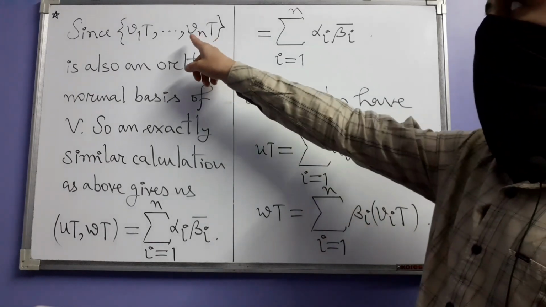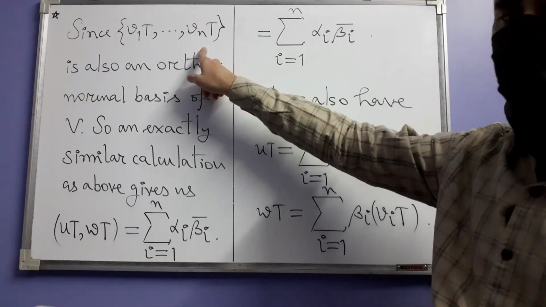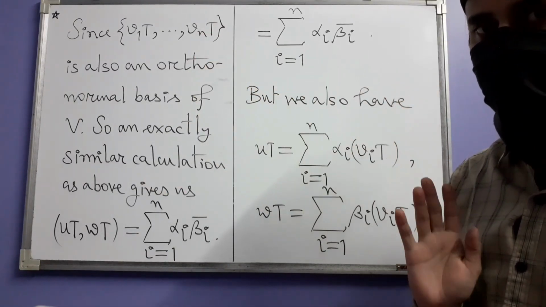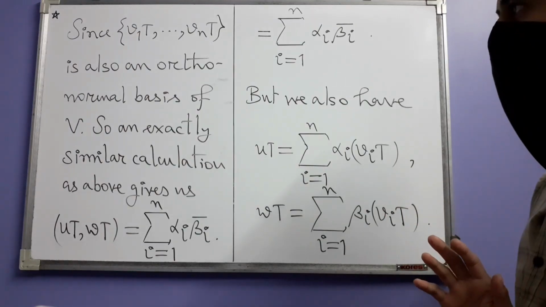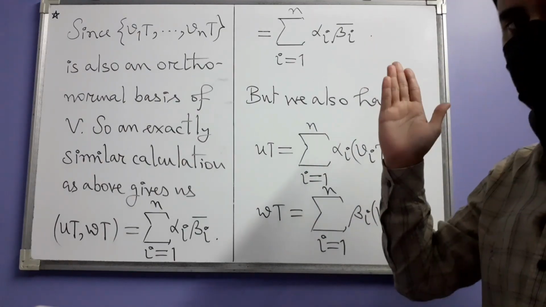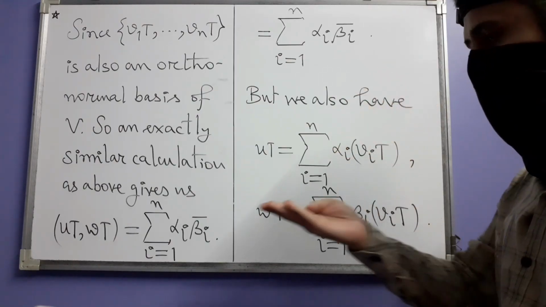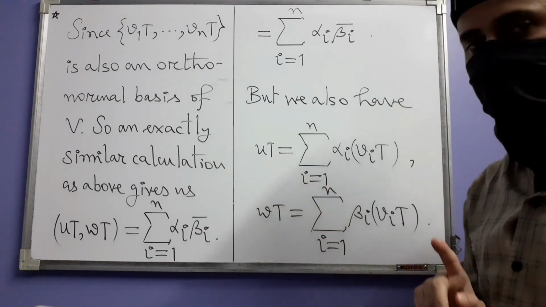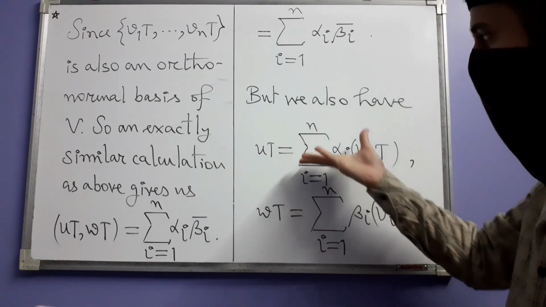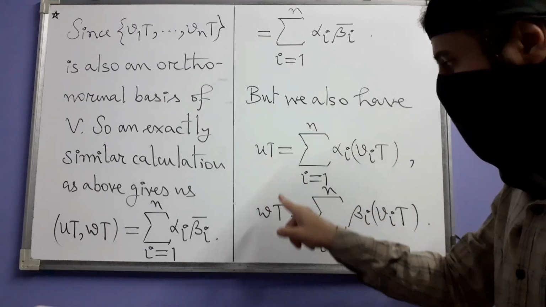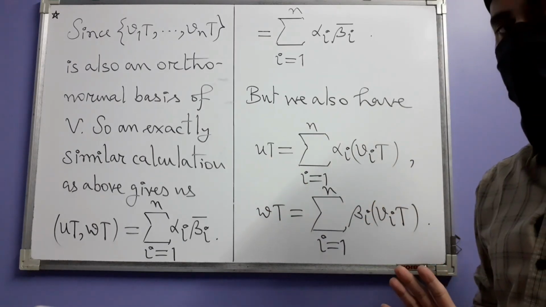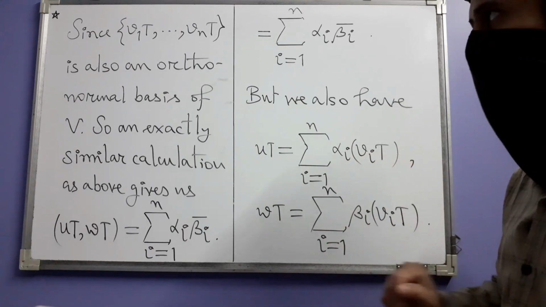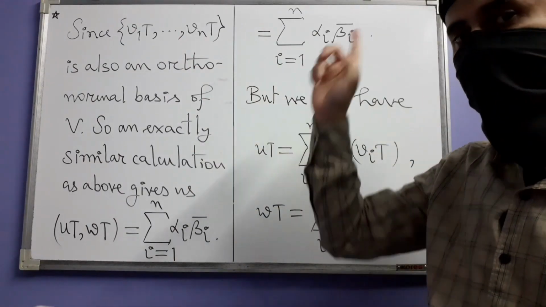And then you also consider the fact that these images form another orthonormal basis, just like the original v_i's form an orthonormal basis for the space V. So whatever we did just now with the original orthonormal basis and the linear combinations expressing the vectors u and w, we can do an exact similar thing with these vectors now, uT and wT, with these available linear combinations, and also where the vectors whose linear combinations you are looking at here form an orthonormal basis just like those v_i's form.